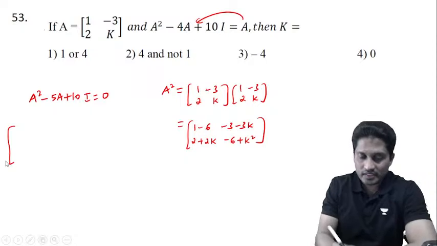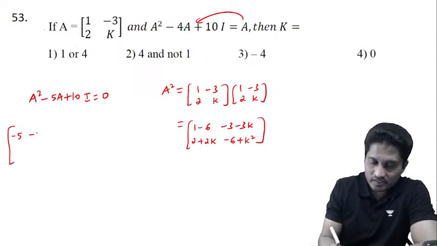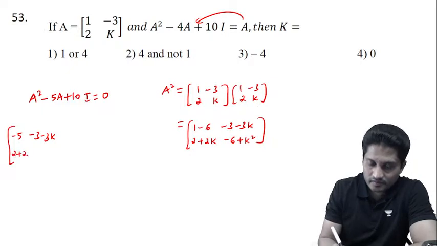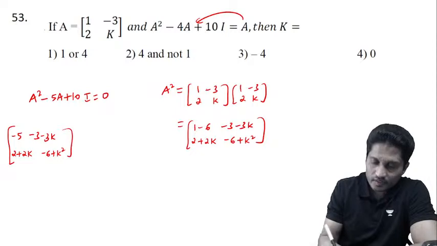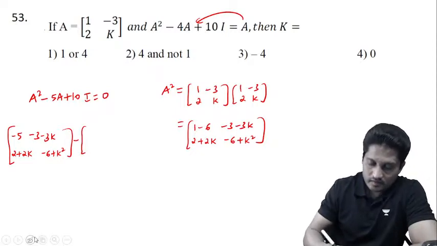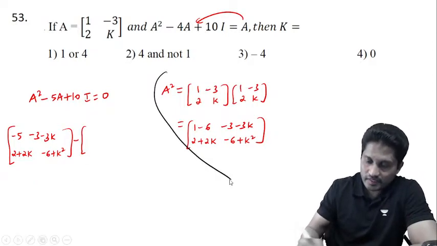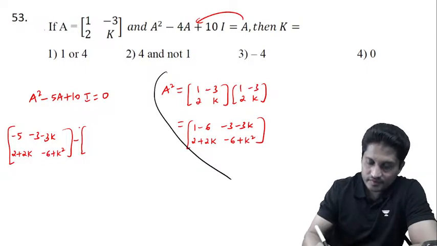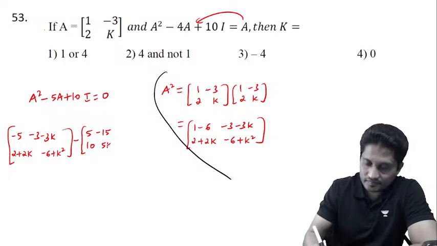So this will be equal to minus 5 times the matrix 1, minus 3, 2, k, in a bracket. Now if I multiply by 5, you will get 5, minus 15, 10 and 5k.